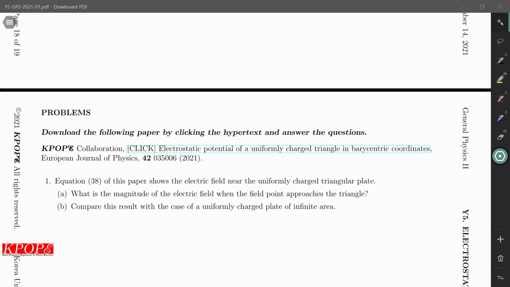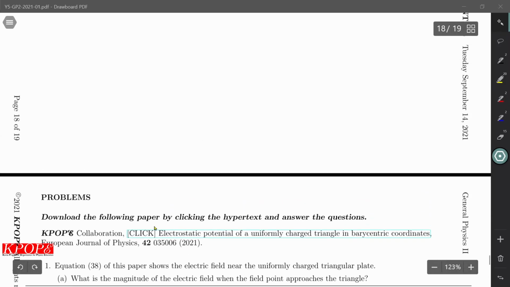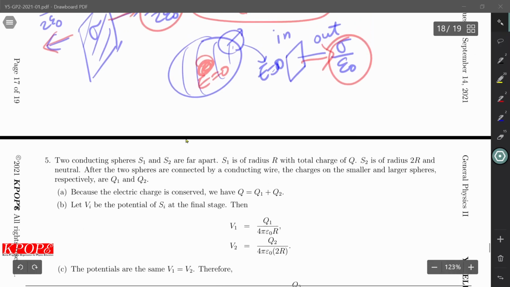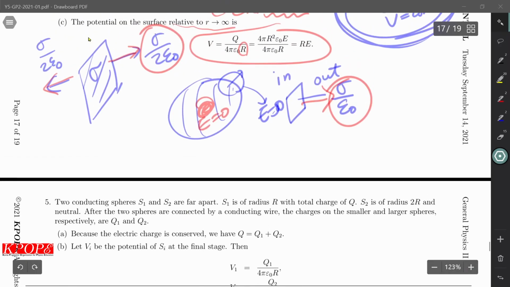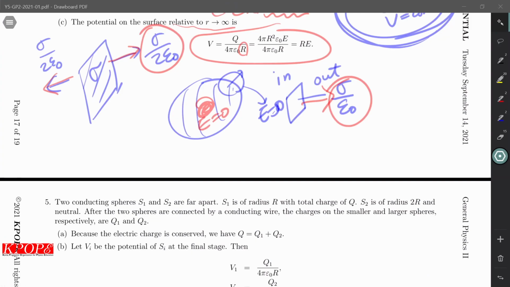Even the triangular charge distribution contribution can be evaluated, and you'll find the integral that we have evaluated for the line charge.